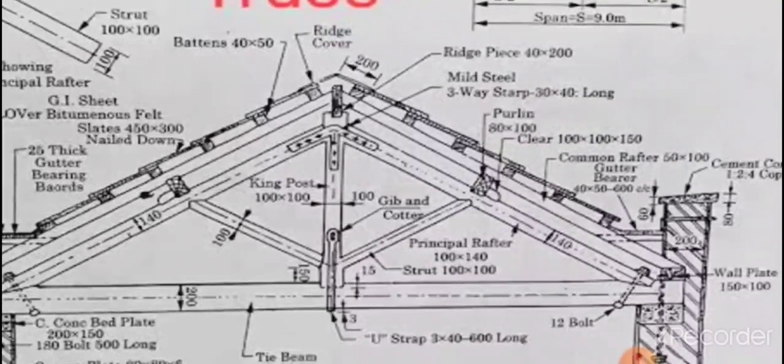Just like that, the common rafter is 50 by 100. So from the front side we'll see only 100. Inside thickness is 50. That means the breadth is 100 and inside thickness is 50 millimeter.